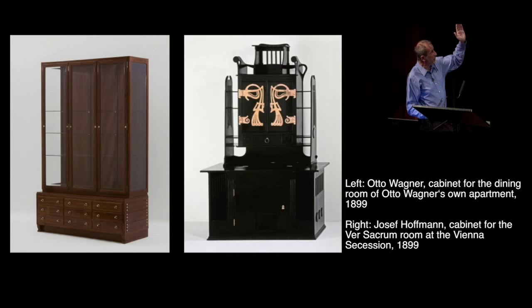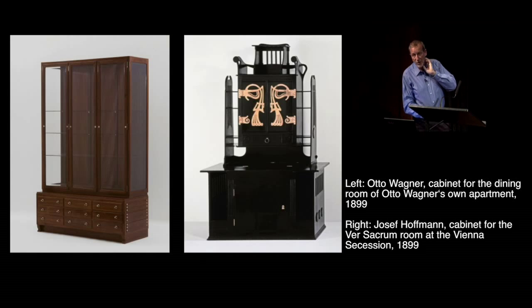And really the first piece of modern furniture in Vienna, this silver cabinet from Otto Wagner's own dining room, which was in one of those two apartment buildings from 1898, 1899. And Wagner also says you always have to develop the form out of construction.